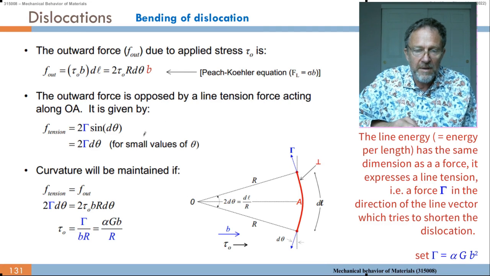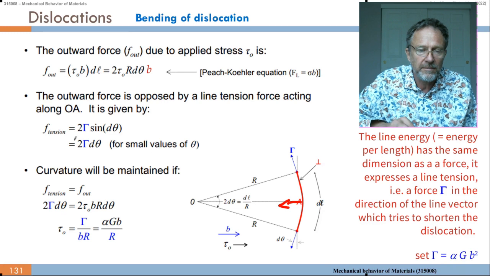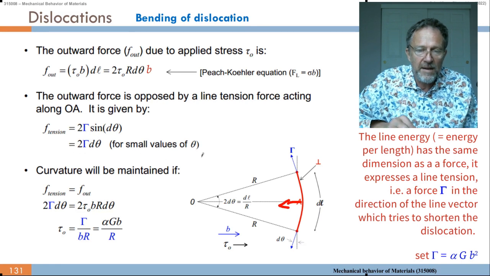So we have a line tension force. If this gamma stretches here, then we get a net force acting along AO, just stretching the line. And this F tension equals 2 times gamma times sine d theta, which becomes just the argument of the sine, 2 times gamma d theta, for small values of theta.